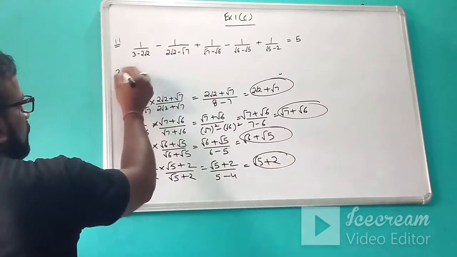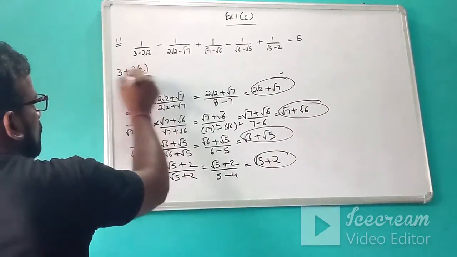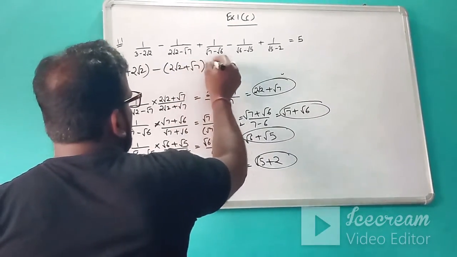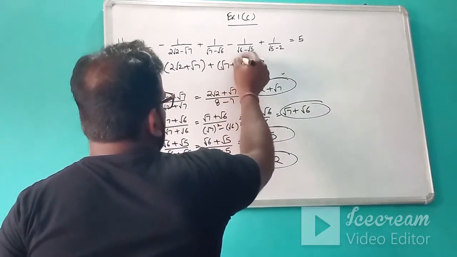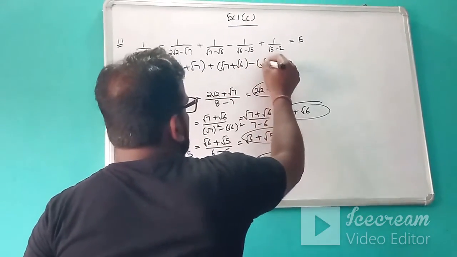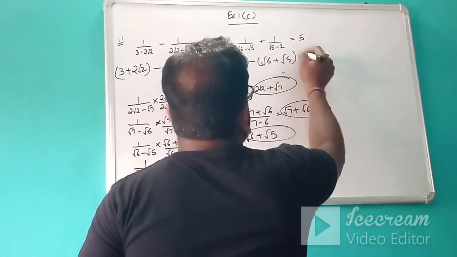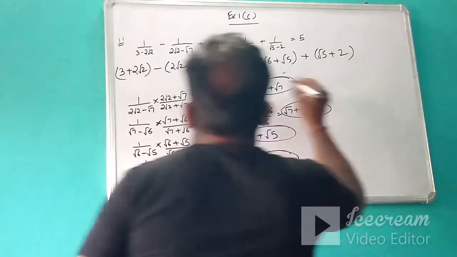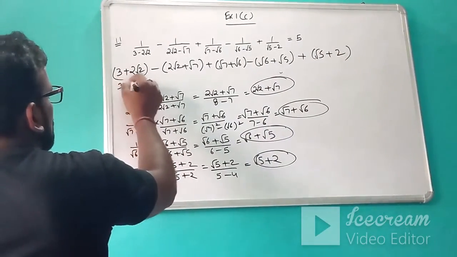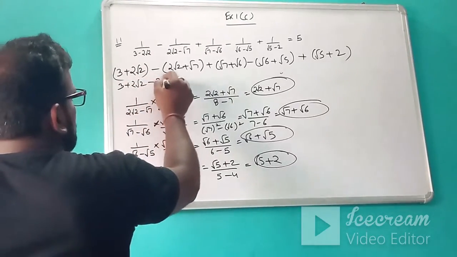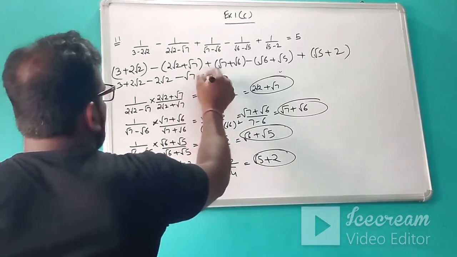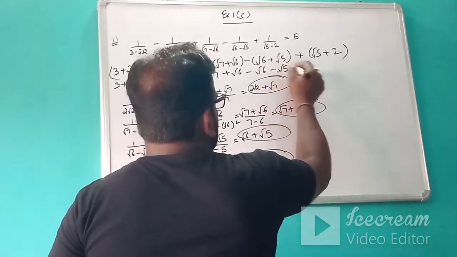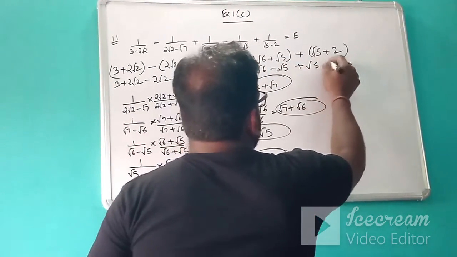So it becomes 3 plus 2 root 2 minus 2 root 2 plus root 7 plus root 7 plus root 6 minus root 6 plus root 5 plus root 5 plus 2. So 3 plus 2 root 2 minus 2 root 2 minus root 7 plus root 6 minus root 6 minus root 5 plus root 5 plus 2.